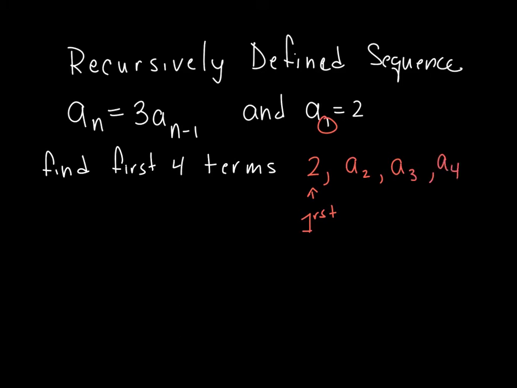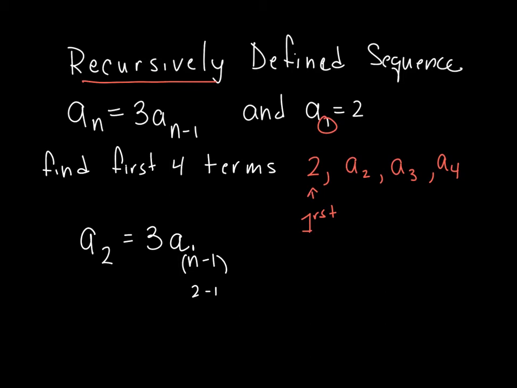Now, the only way you can do this, and the idea of recursively means that you have to find the next one. So if I want to go through and find, in this case, A2, then over here, this is 3 times a sub n minus 1. That n minus 1 means 2 minus 1, or the first term.